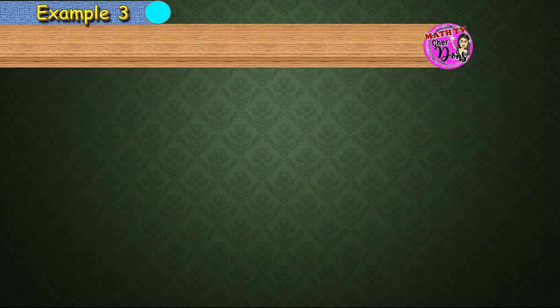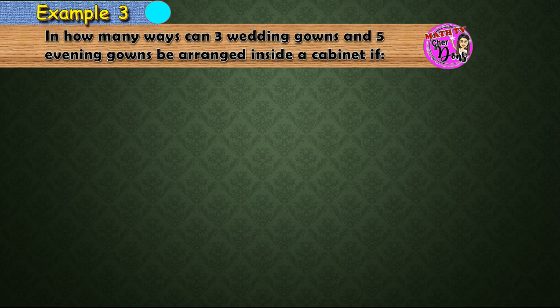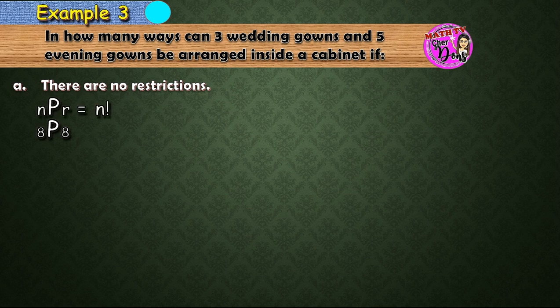Example number 3. In how many ways can 3 wedding gowns and 5 evening gowns be arranged inside a cabinet if, letter A, there are no restrictions? If there are no restrictions, it means that all the gowns are included. So we have permutation of 8 objects taken 8 at a time. Our formula, permutation of n objects taken r at a time, is equal to n factorial.